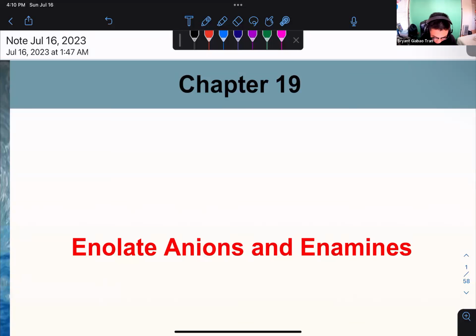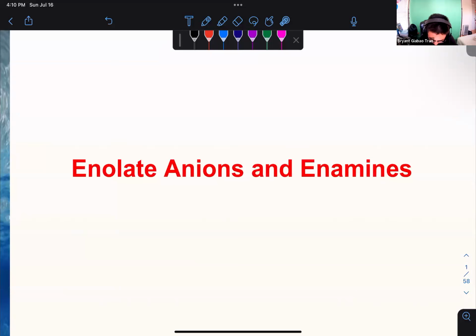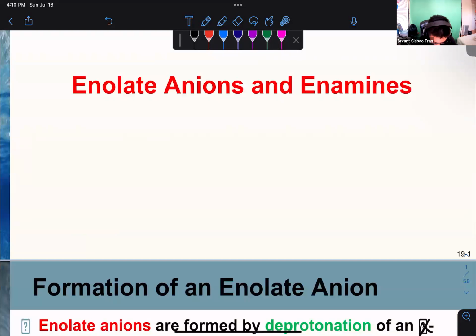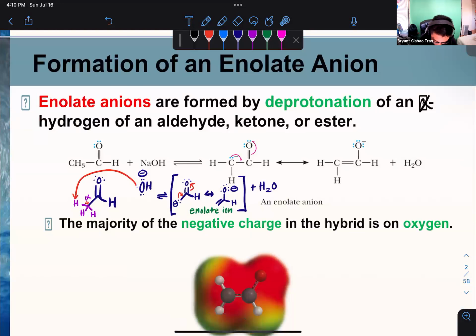Okay, so this chapter is chapter 19, Enolate Anions and Enamines. What an enolate anion is, is when we have something that looks like an enol, like this over here. But an ion is when we have a charge, like a negative charge, on either the oxygen or this carbon over here, and they're resonance structures of each other.